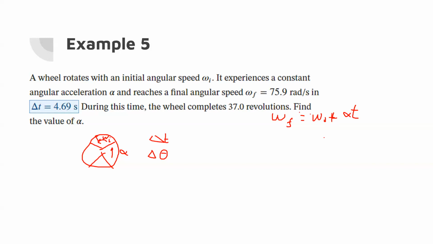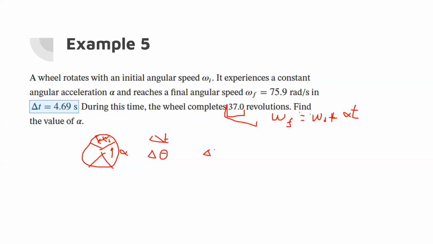I need to find another way to write omega initial. Since it gives me a change in angle, I'm going to use that to my advantage and write a position equation that will help me solve for omega initial. I have two unknowns, so I need another equation.